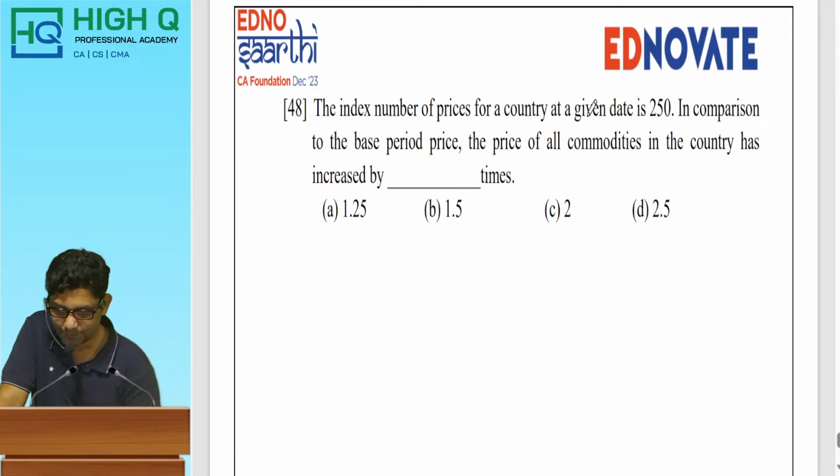Now, the index number of price for a country at a given date is 250 in comparison to the base period price. The price of all commodities in the country has increased by dash times.